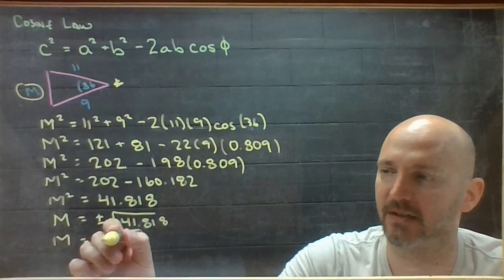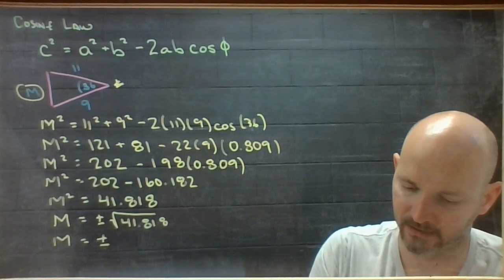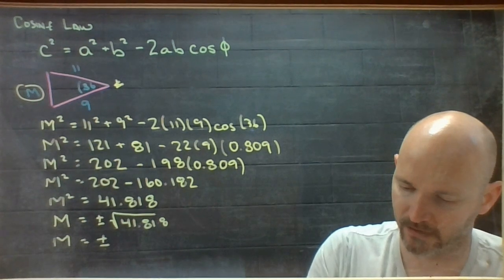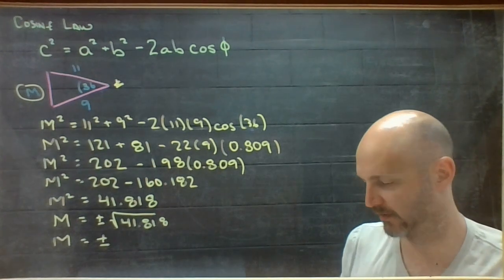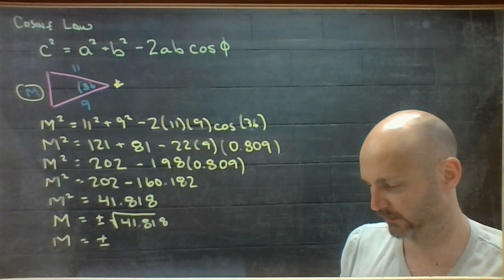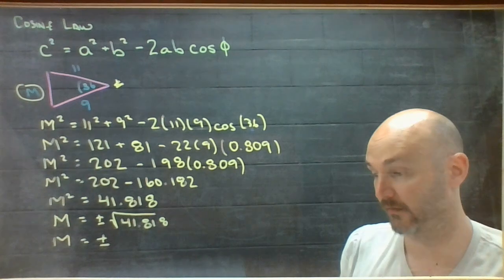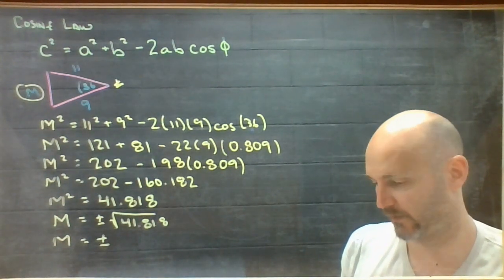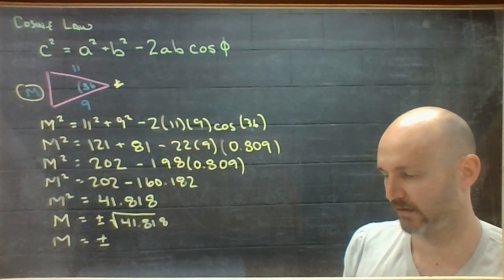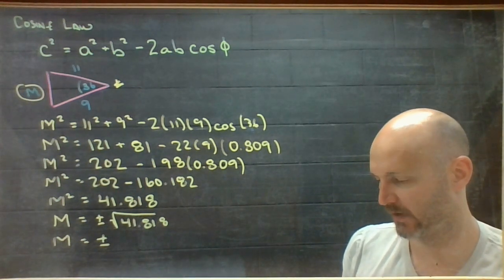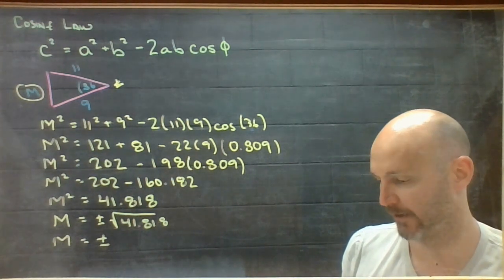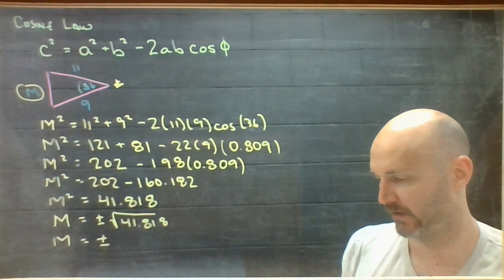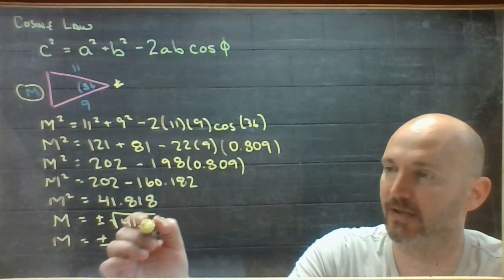So m is plus or minus the square root of 41.818. The square root of 41.818 is 6.47.